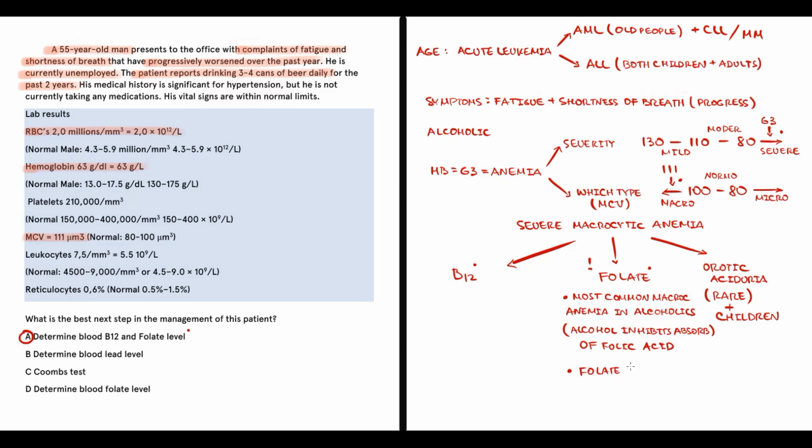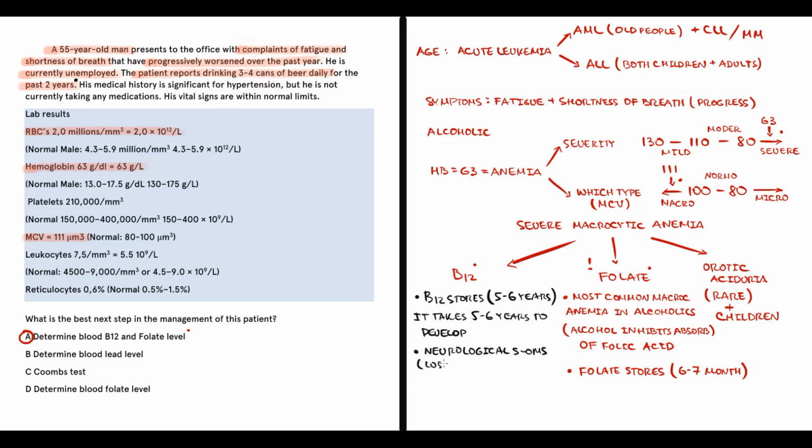The second reason is that from physiology we know that we have folate stores for only 6 to 7 months, but B12 stores we have for 5 to 6 years. So it takes 5 to 6 years to develop B12 deficiency. And also, B12 deficiency anemia causes neurological symptoms, such as loss of proprioception. In this case, neurological symptoms are absent.